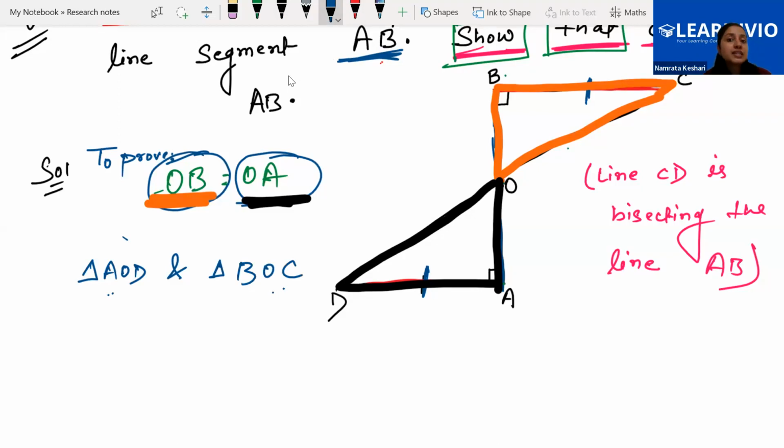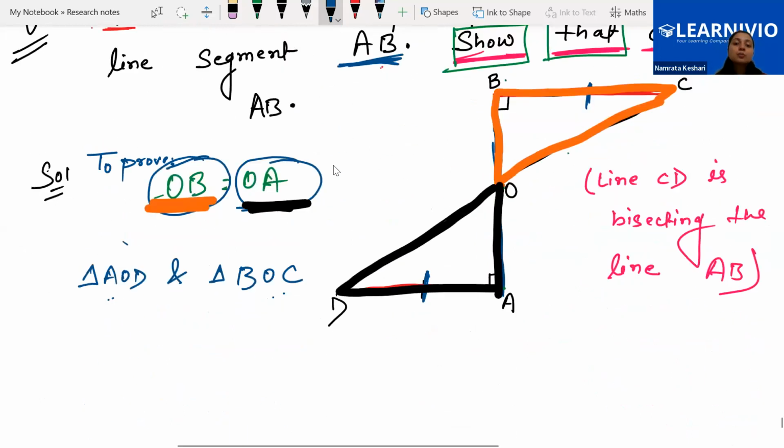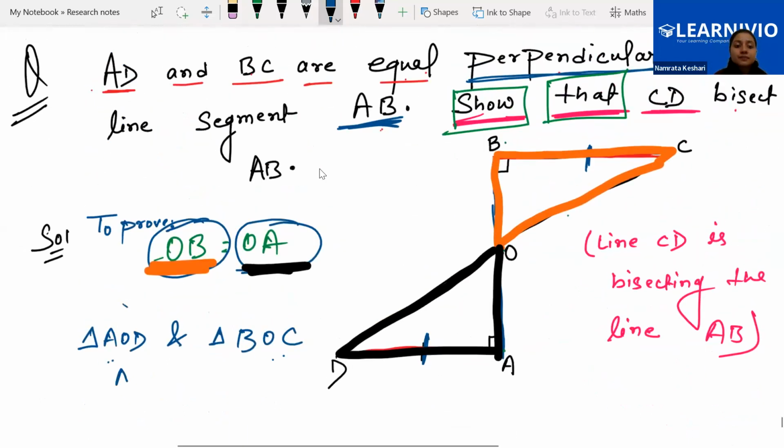Now, whatever is given, already equal, in the question itself, we will be noting down over here. In the question, it is written that AD and BC are equal. See the first statement, AD and BC are equal. So the black triangle's AD side is equal to the orange triangle's BC side. That is given already. Okay. Now the next information which is already given is that they are perpendicular to the line segment. So this angle is 90 degrees and this angle is also 90 degrees, it is perpendicular to line segment AB.